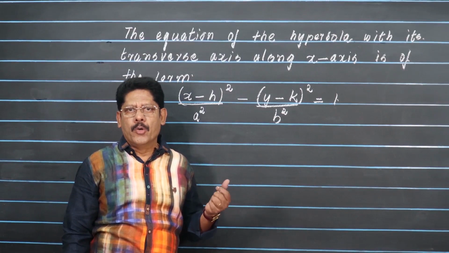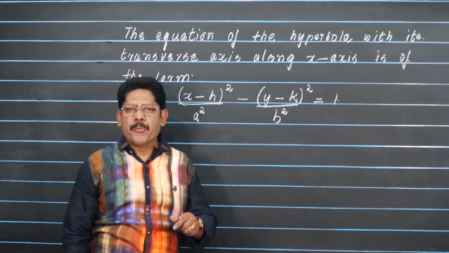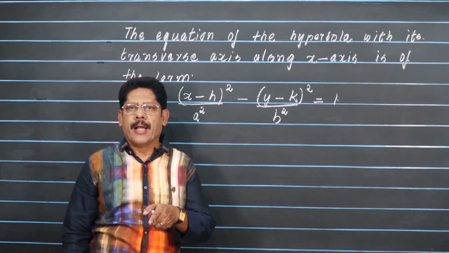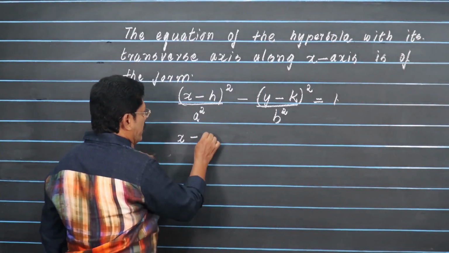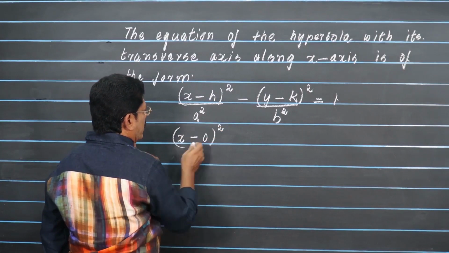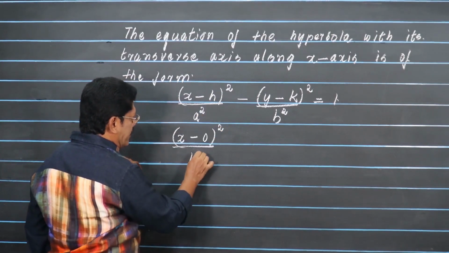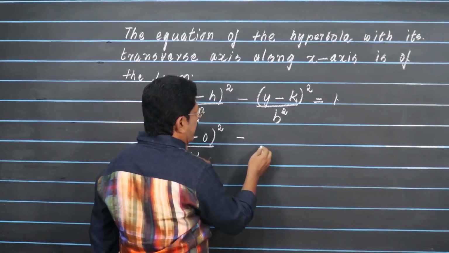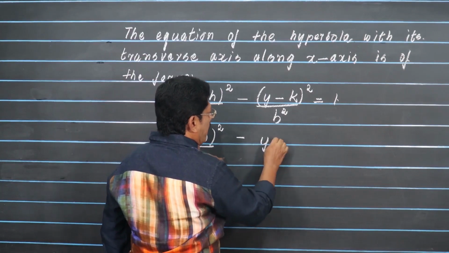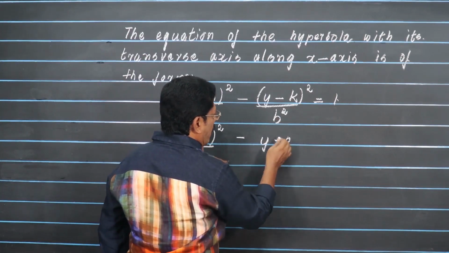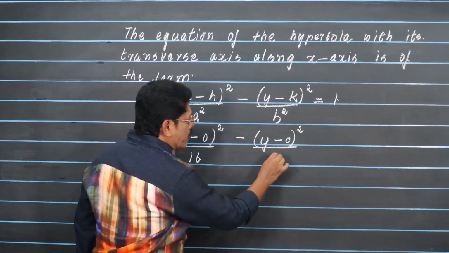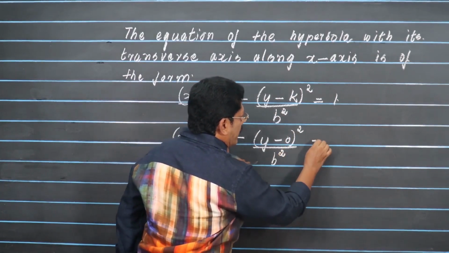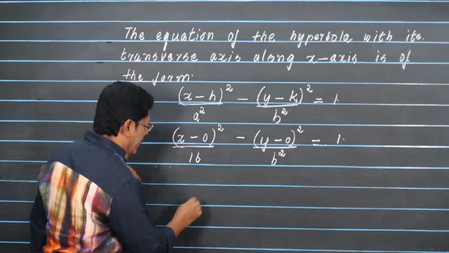and the value of a squared is equal to 16. With substituting these values, you can calculate the value of b squared. (x minus the value of h, which is 0) the whole squared by a squared, which is 16, minus (y minus the value of k, which is 0) the whole squared by the value of b squared, which has to be calculated, equal to 1.